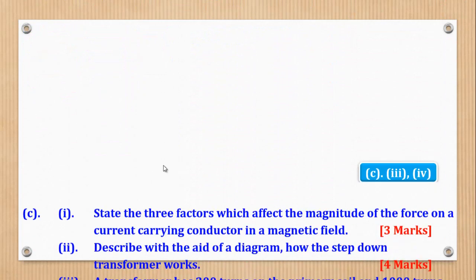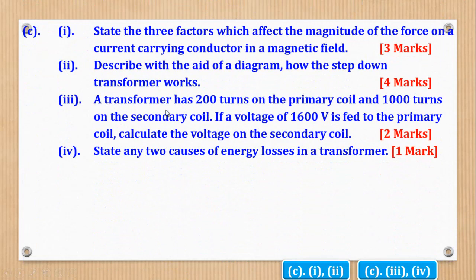Then Roman 3: a transformer has 200 turns on the primary coil and 1000 turns on the secondary coil. If a voltage of 1600 volts is fed in the primary, calculate the voltage on the secondary.